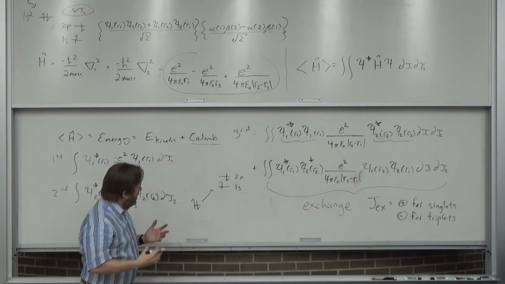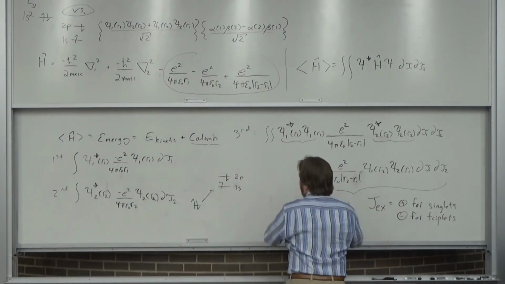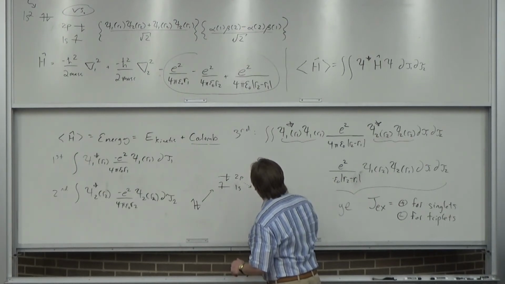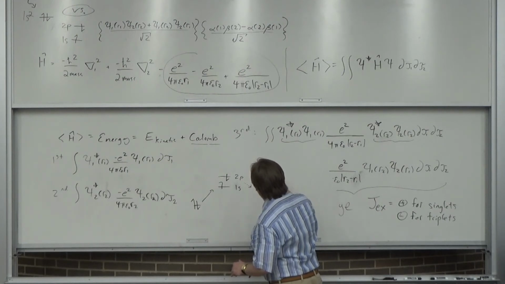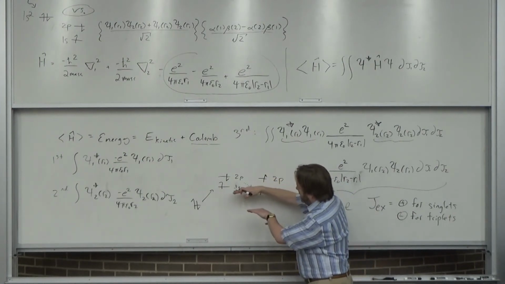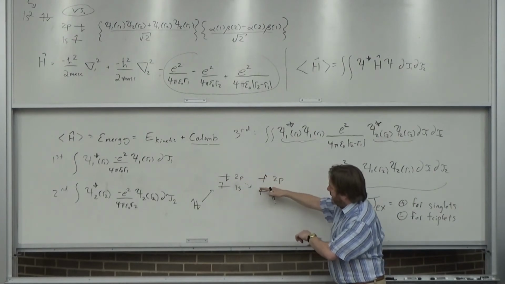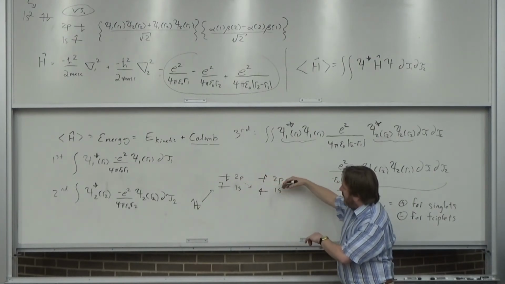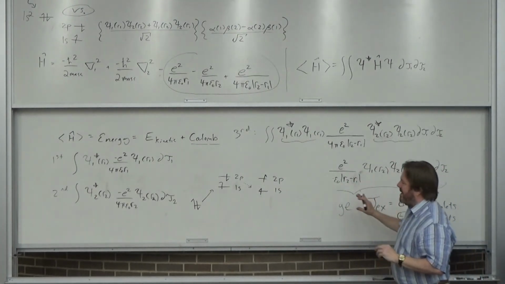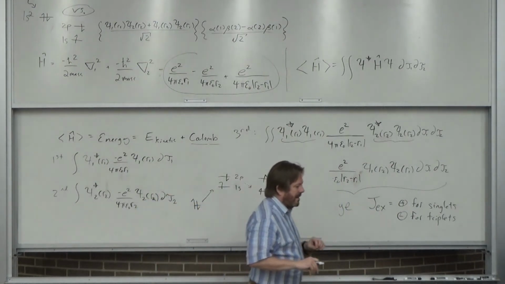This is what you would think it would do, but reality is, it actually lowers its energy if one of the spins flips. So it's not a lot, but you see I've drawn this at a higher energy, and it slightly goes downhill in energy if it can go into a triplet state. And that's because of the exchange integral. And that's why triplets tend to be lower in energy than singlets.